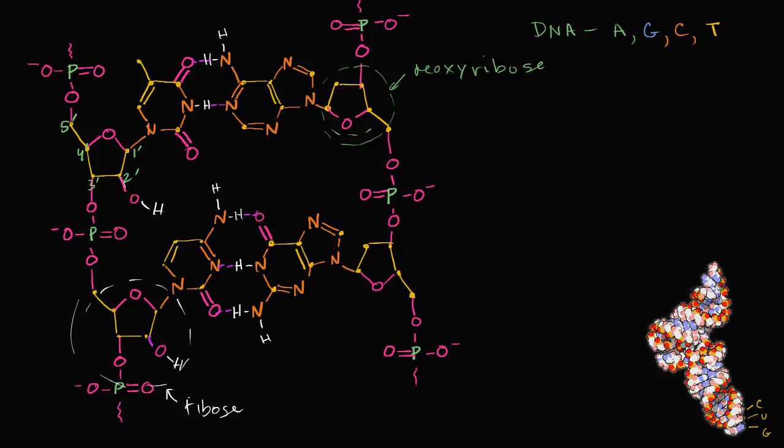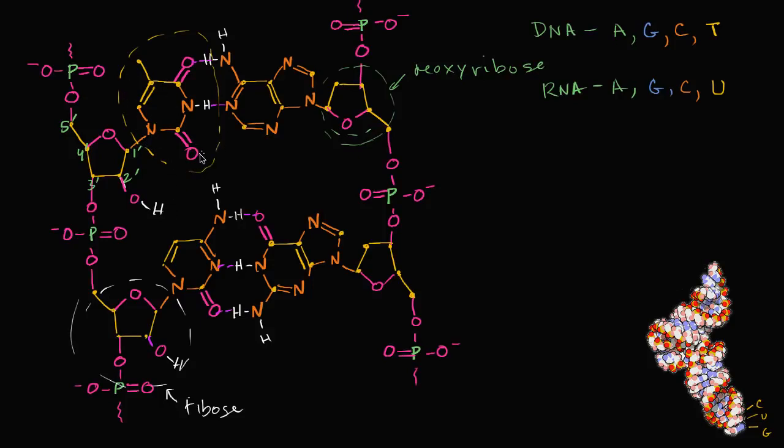In RNA, you still have adenine, you still have guanine, you still have cytosine, but instead of thymine, you have a very close relative of thymine, and that is uracil. Remember when we started this video, it was double-stranded DNA.